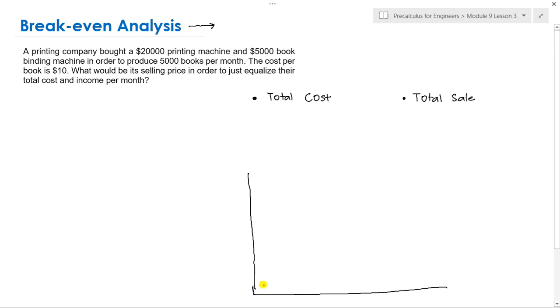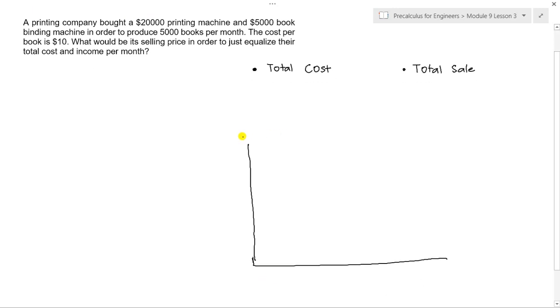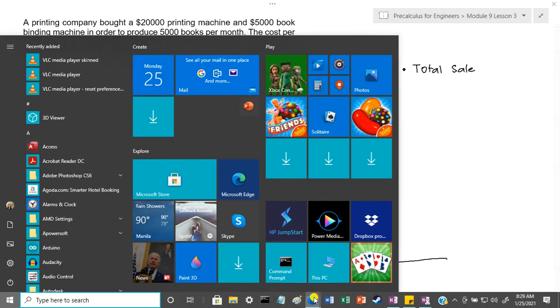And then, let's say this one is the y-axis, the amount of money, whether it is cost or sales.